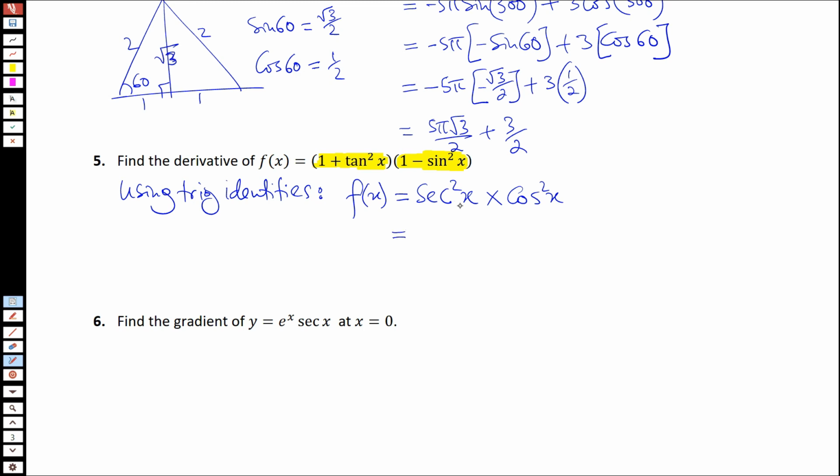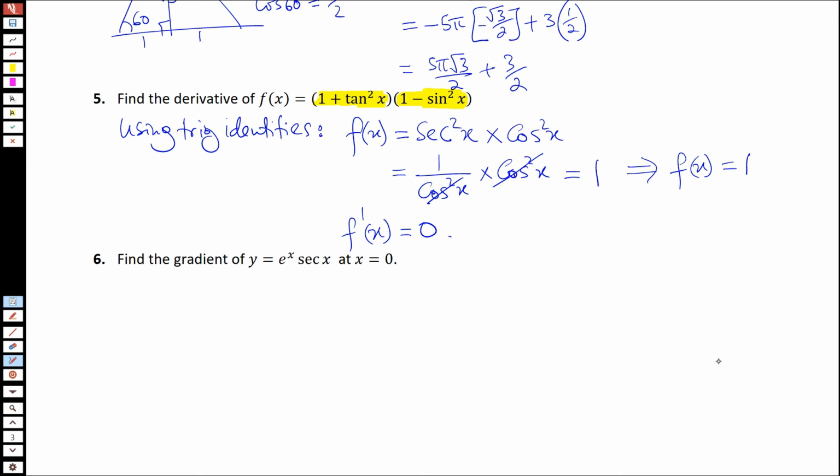Now secant of x squared is same as 1 over cosine of x squared. So we have 1 over cos x squared multiplied by cos x squared. Now this cancels, so this will be equal to 1. So basically our function here is f of x is equal to 1, which means the derivative of this will just be equal to 0.